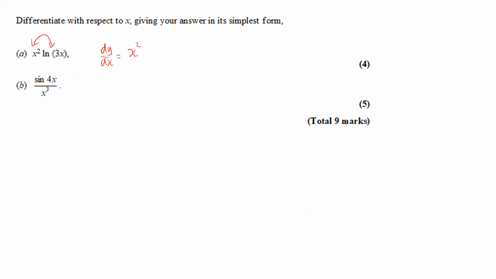Now ln of 3x is a function of a function, because we've got to differentiate with respect to the 3x and with respect to the ln. So remember what we said, you differentiate with respect to the outside first, so that will be 1 over 3x, leave alone the inside, and then because you had a function on the inside, you then times by the differential of that. So whenever you have a multiple of x on the inside, these 3's are actually going to cancel.